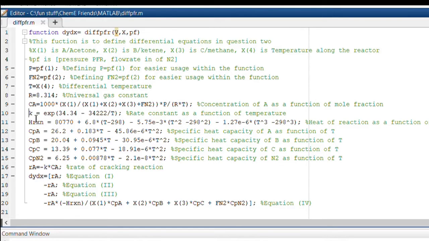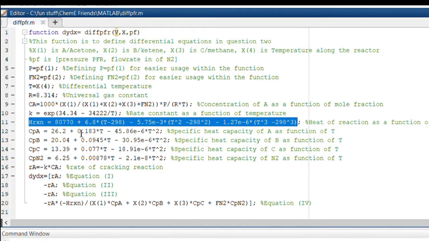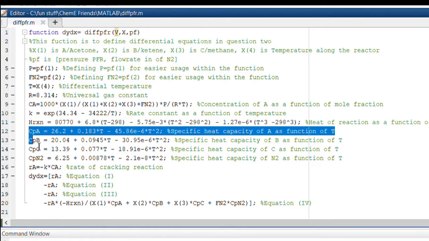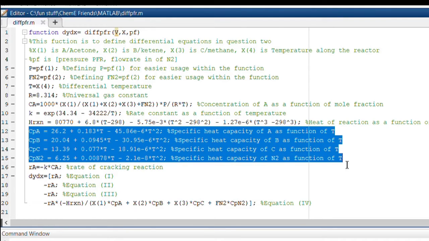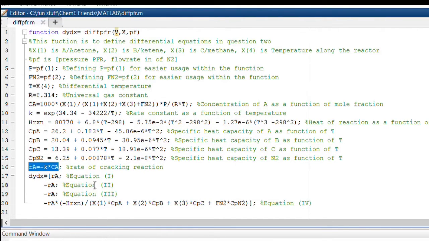We are writing the rate constant as a function of temperature, and we are writing the enthalpy of reaction as a function of temperature, Cp, Cb, Cc, the specific heat capacities of all these components as a function of temperature, and defining Ra as minus K into Ca, which is the rate of the cracking reaction.